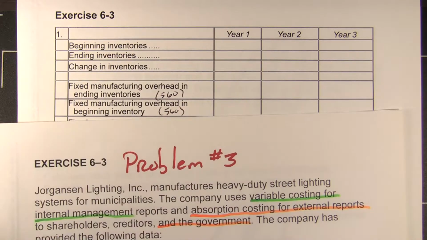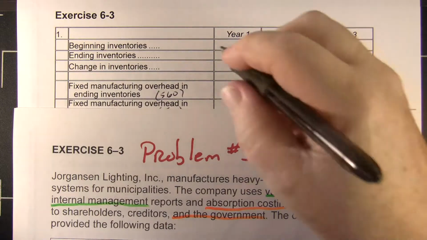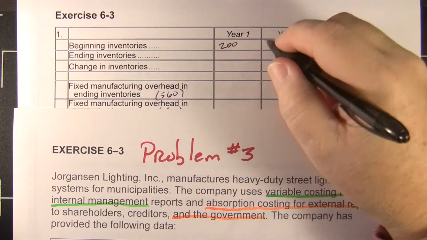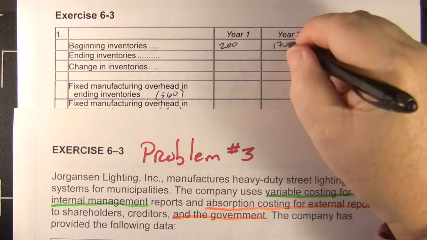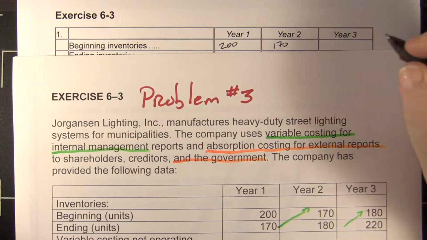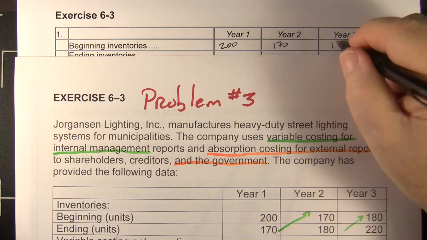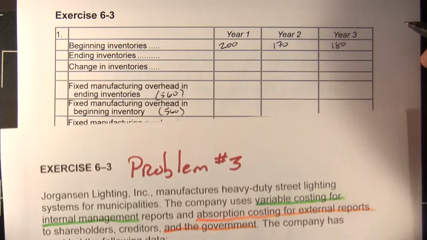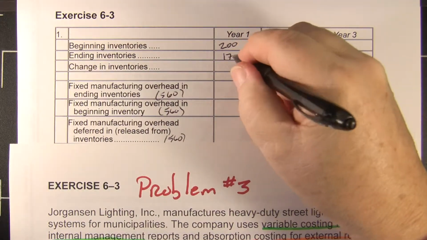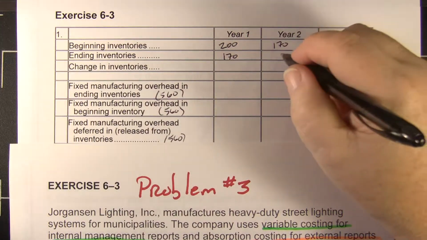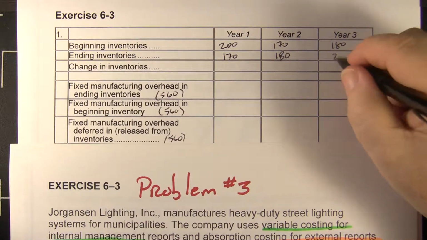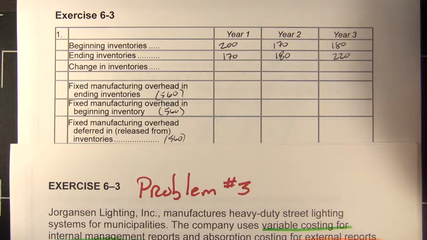Now, the beginning inventories are 200, 170, and 180. The ending inventories are 170, 180, and 220.